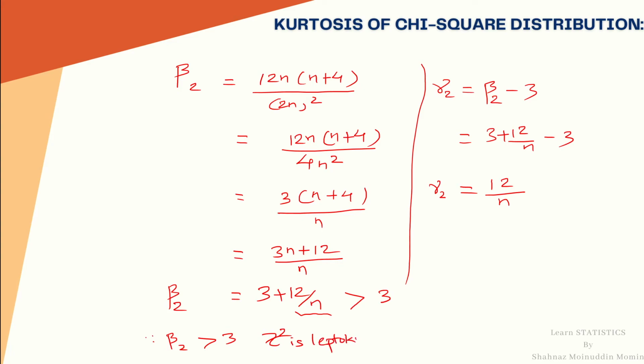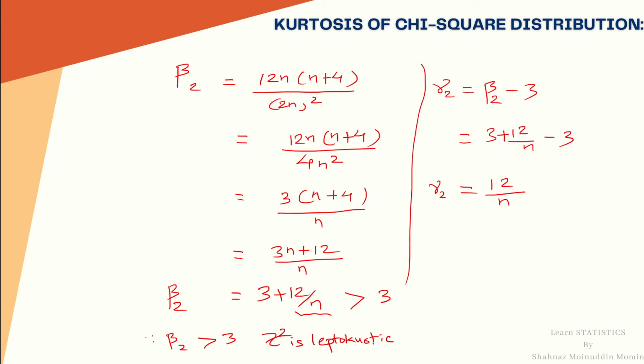Leptokurtic means if we plot a chi-square distribution frequency curve, then the curve looks more peaked than the normal curve. If the curve is more peaked, then the distribution has the property of leptokurtic.